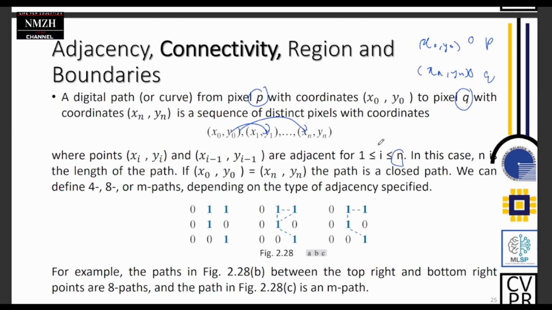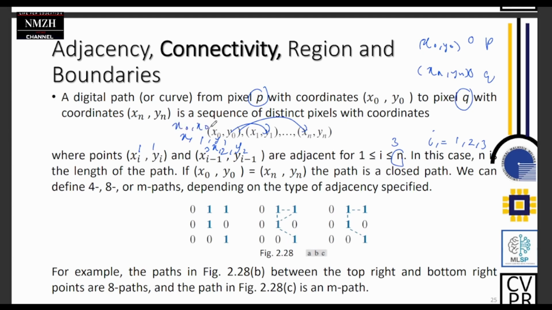Say that we have 3 over here, so this is 1, because i equals 1, 2, and 3, right? So 3 could go until 2. Then 2 is x2 and y2, and when we talk about 1 it is x1 and y1, and it could be x0 and y0, right?